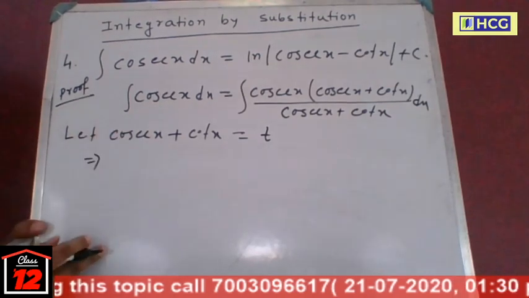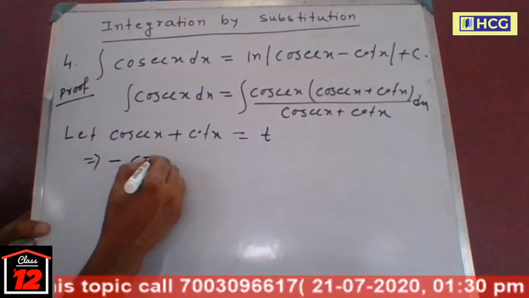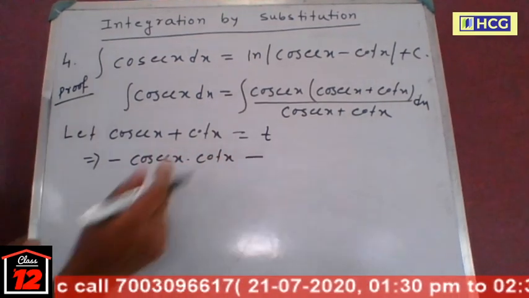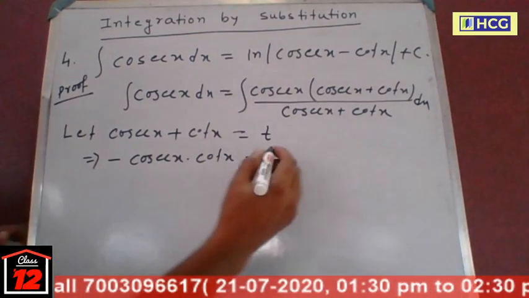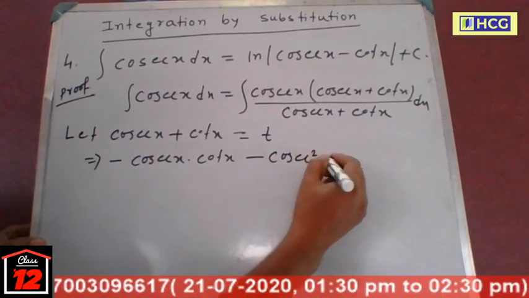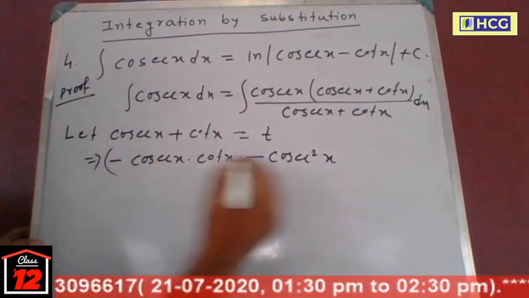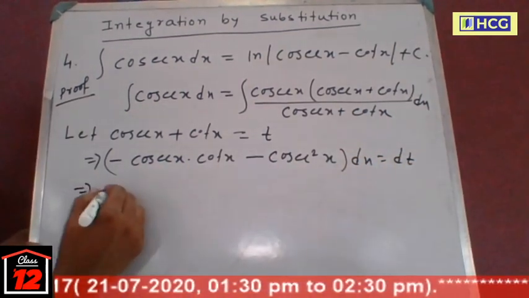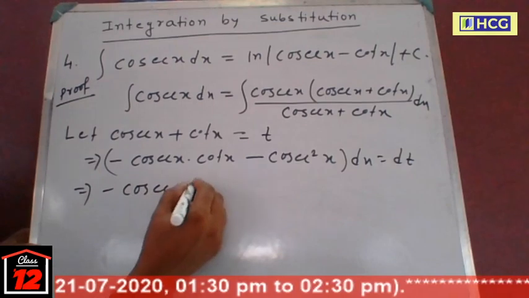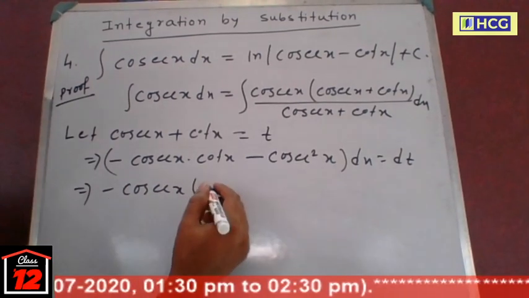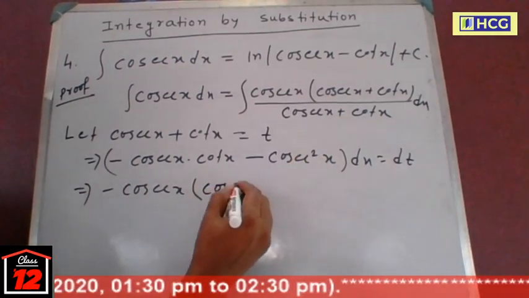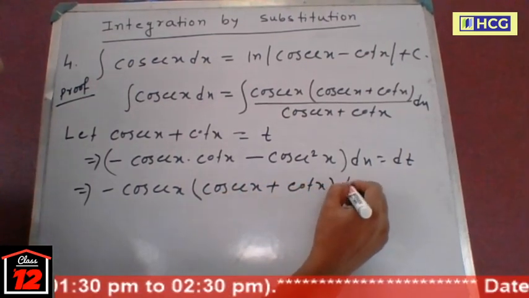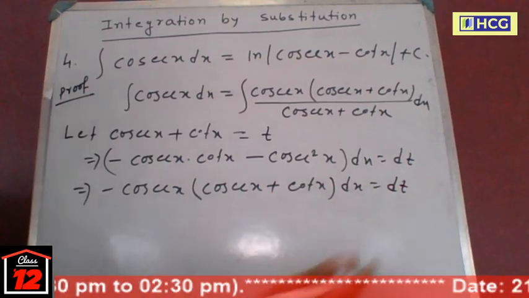Now the derivative: minus cosec x cot x minus cosec square x, minus cosec x is common, so minus cosec x into cosec x plus cot x dx equals dt.